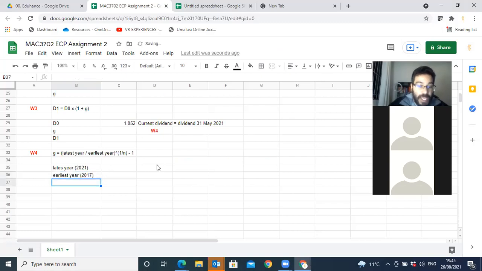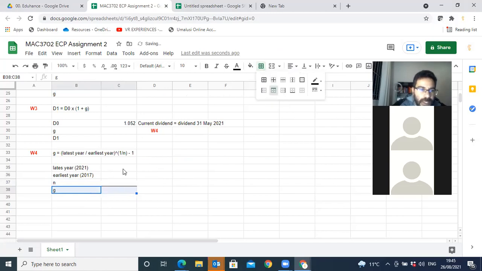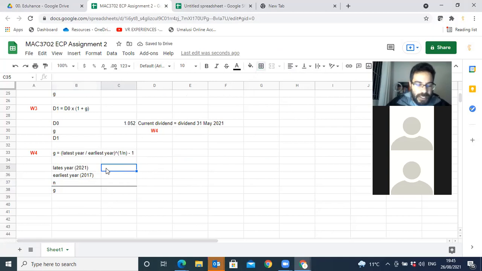We're going to need n, the number of years, and that's going to give us our growth. So let's put it in. The dividend in the latest year is equal to 105.2 divided by 100.